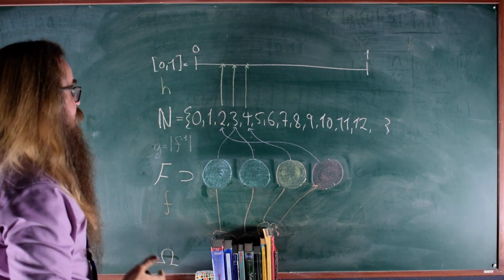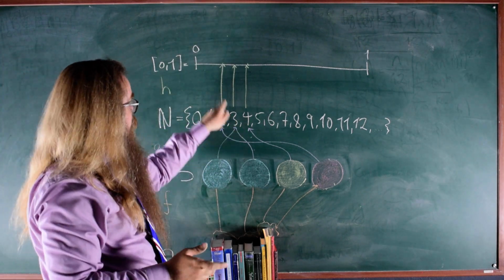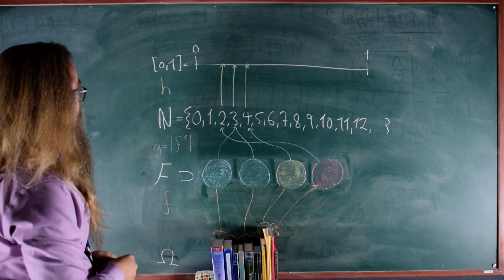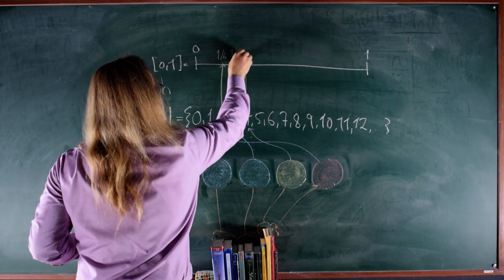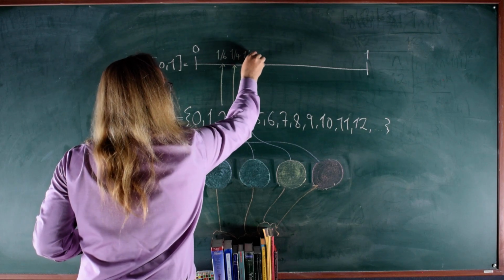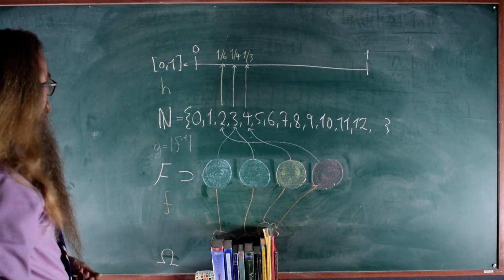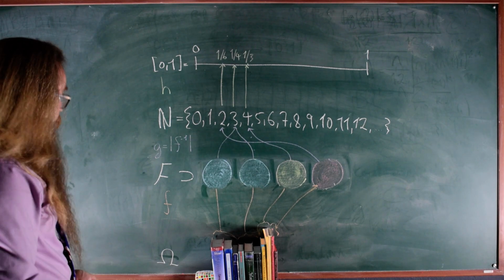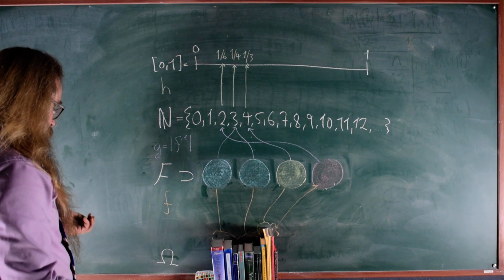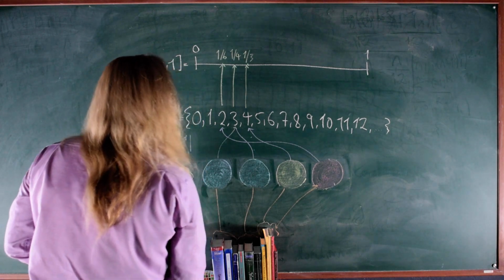And what h does is just converts the count to a probability. All right. So we have 1/6 here. We have 1/4 here, and we have 1/3 here. Beautiful.